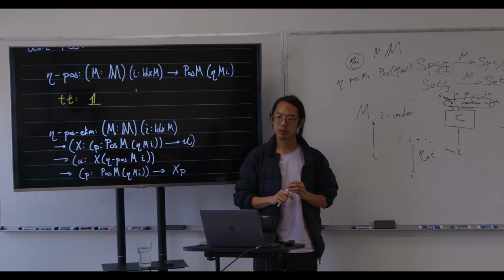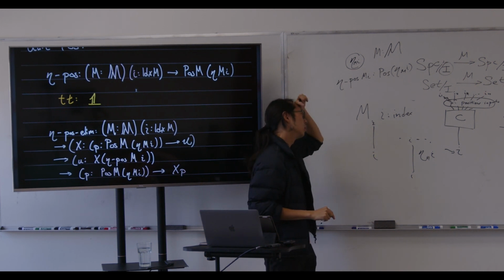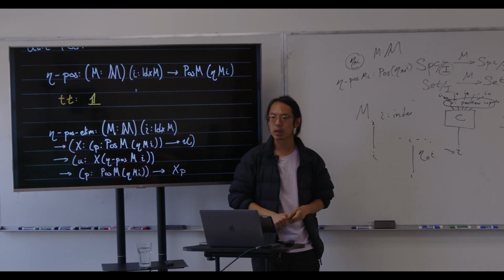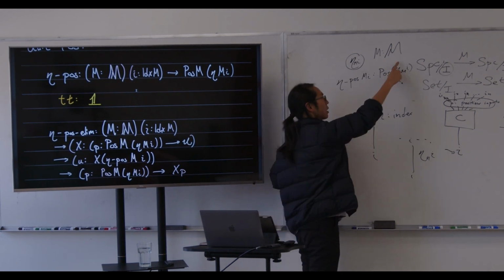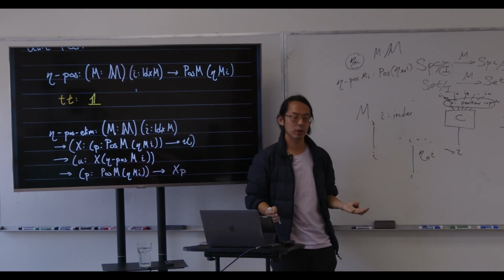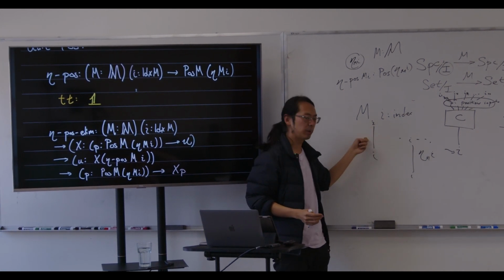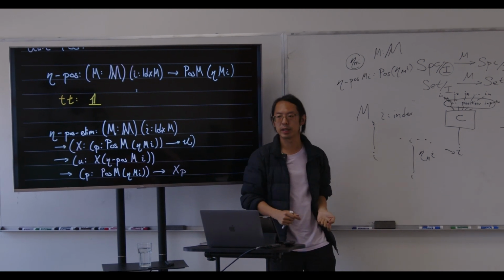Isn't M the type of multi-category? Where the index is the object of the multi-category, and that's the unit of each object. Exactly. If you're into multi-category language, this is the type of all multi-categories. The indices are the objects of your multi-categories, and this would be your identities. Every object of your multi-category has an identity object.